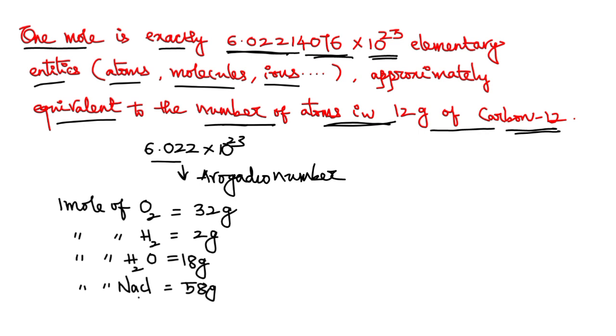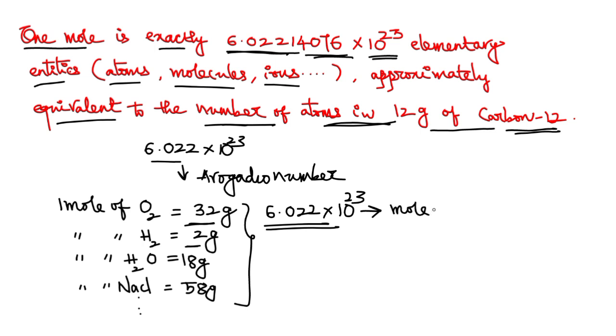So all these and so on should contain 6.022 into 10 power 23 particles, and those particles are molecules here, because we took gram molecular mass here. So it contains 6.022 into 10 power 23 molecules.